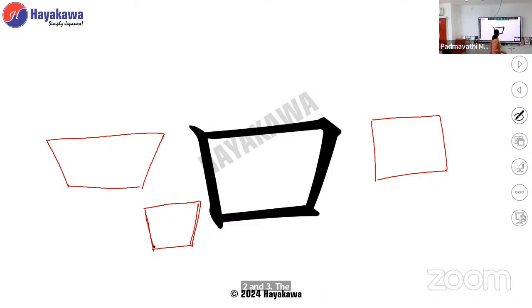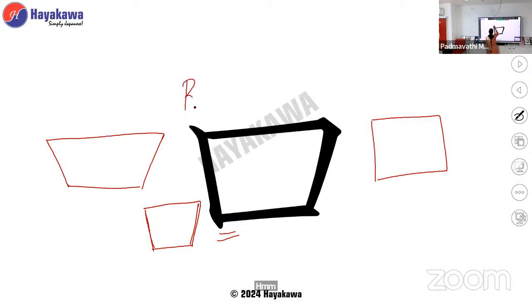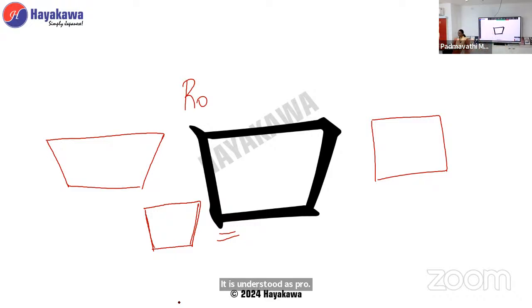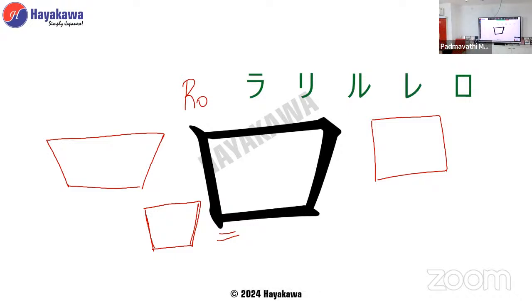If you want to achieve it like this, or if you put just a square, also no problem. It is understood as ro. Ra, ri, ru, re, ro. So here it looks like a rectangular box. It's okay.